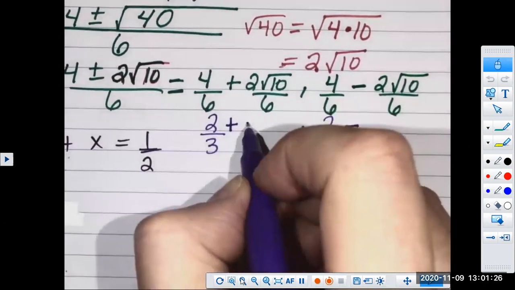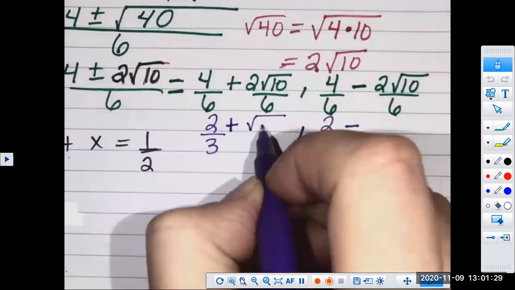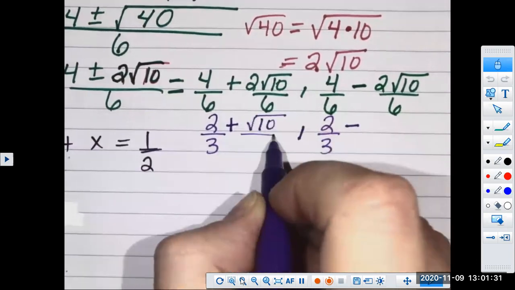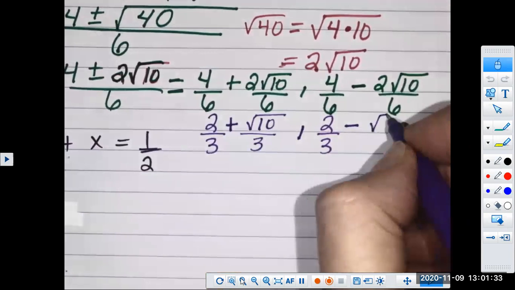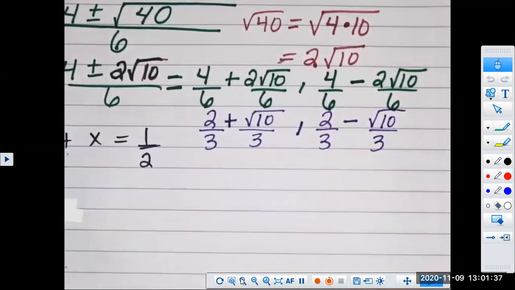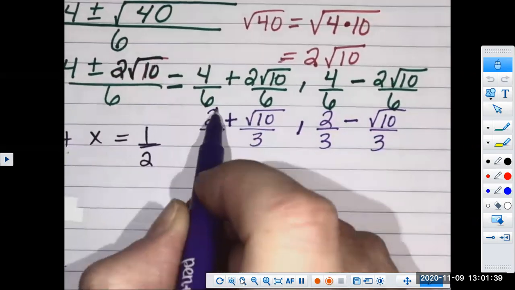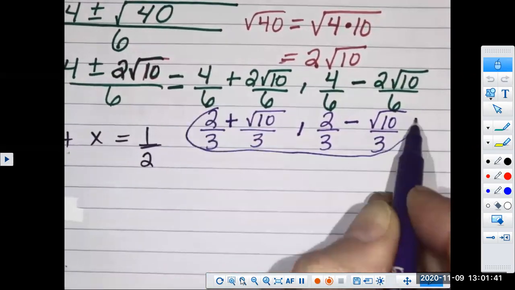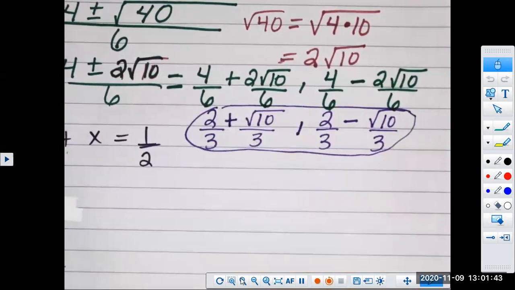So you're going to have 1 root 10, and I don't care if you write the 1 in front of root 10. You'll never see it like that, but that's up to you, if it helps you do it. So you can write that 1 if you want to. Okay. No, you can't break that down any further because 10 can't be divided by any perfect squares.